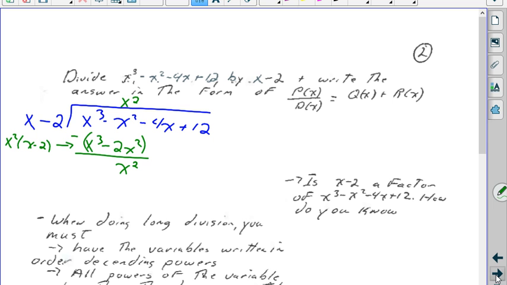All right, so we got this x squared. Let's bring this negative 4x down so we can work with that. So what times x will give you x squared? Well, that's just an x. I'm going to add x to my quotient. The next line will be x times x minus 2 going into this line.